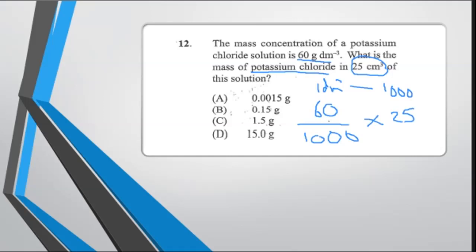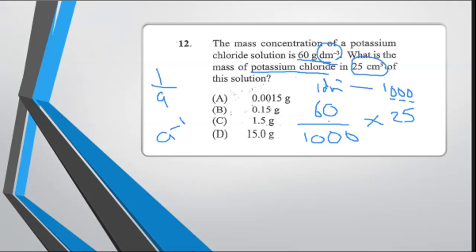Why am I putting over 1,000? It's dm to the minus 3. So it's the same as saying this. 1 over A is the same as A to the minus 1. So if I have 60 grams dm to the minus 3, right? The minus 3 tells us that we're dealing with 1,000.